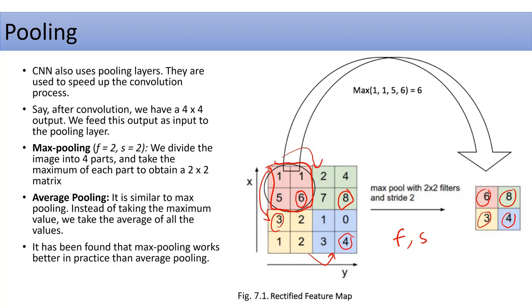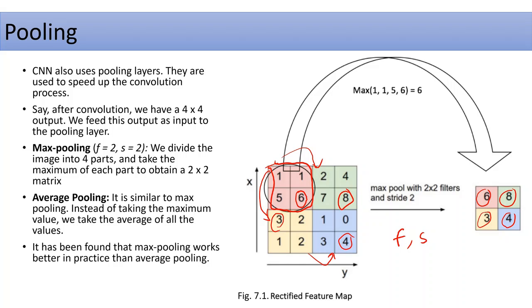What I have shown you right now is max pooling. Similar to max pooling, we can also do average pooling. Average pooling is basically where we take the average of all the pixel values inside this box and then write it down over here.